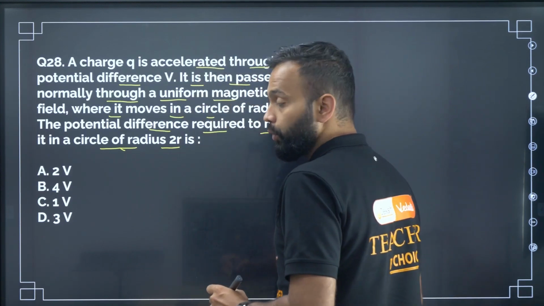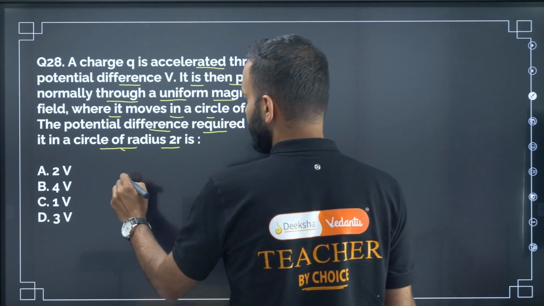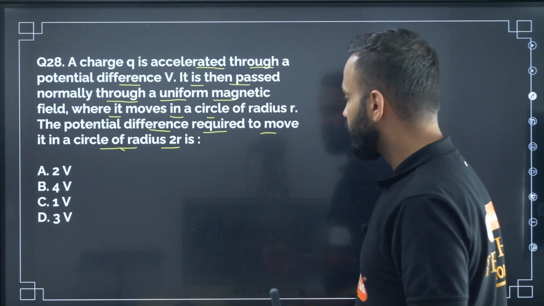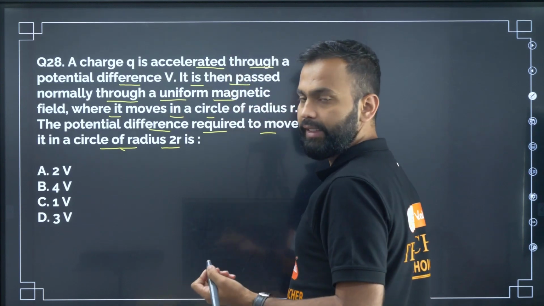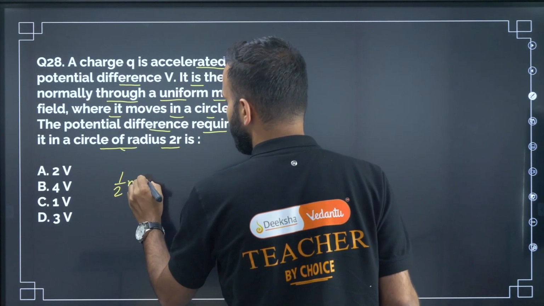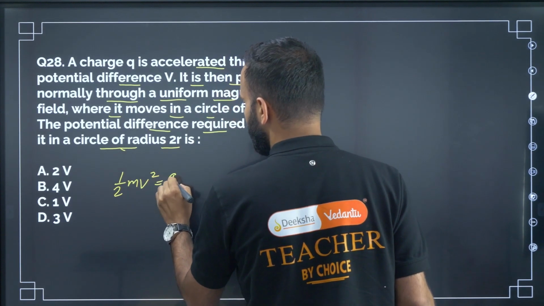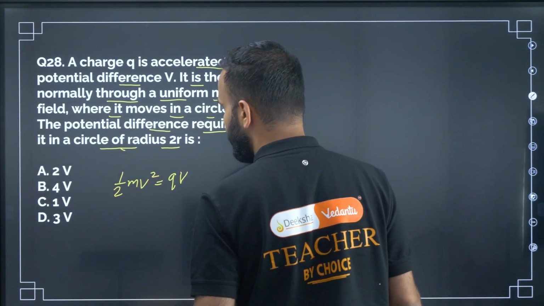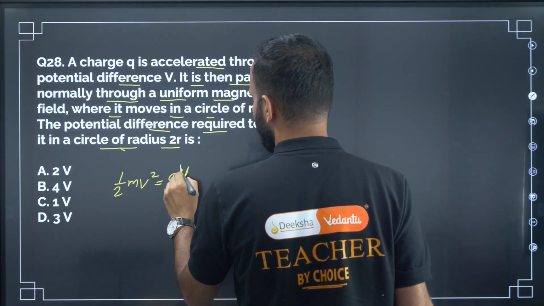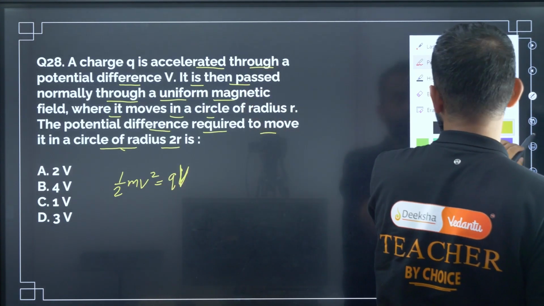So when the charged particle accelerates through a potential difference, it gains velocity. So the kinetic energy of the charged particle is equal to the electric potential energy, Q into potential difference.